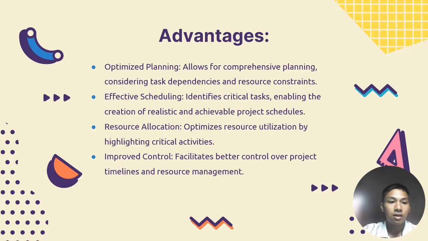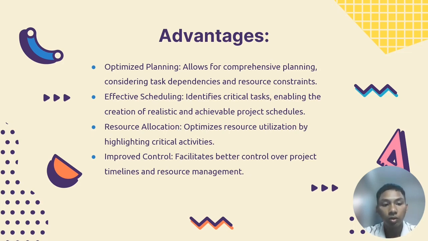Next is effective scheduling. Identifying critical tasks is a crucial aspect of effective scheduling in project management. Linear programming aids in this process by systematically evaluating the dependencies and relationships between tasks.